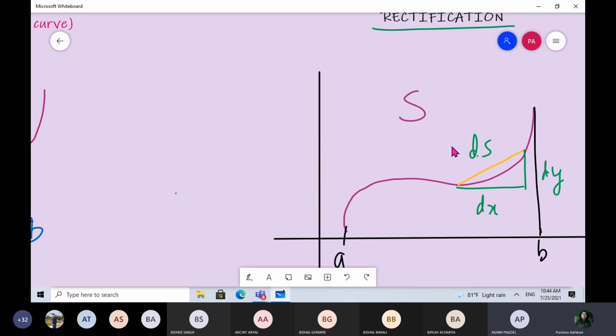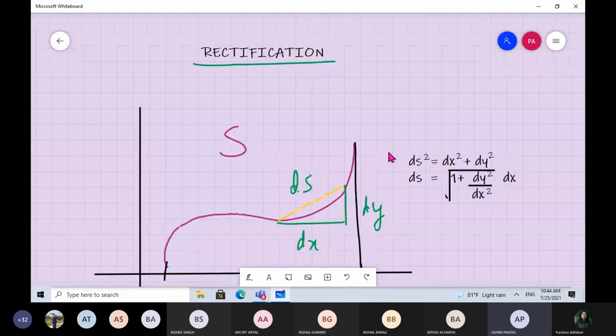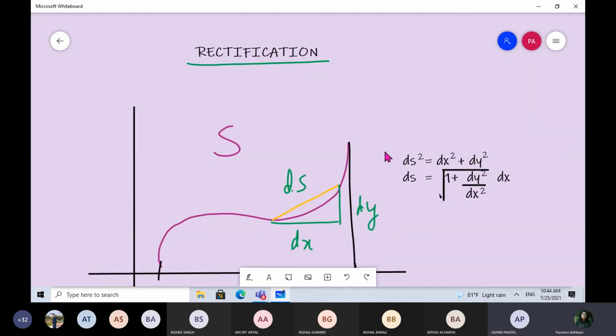You can clearly see, root under dx square plus dy square. Yes, exactly, Pythagoras theorem. When you take ds equals root under dx square plus dy square, let's take dx square common out of this under root. dx square we took common, so you are going to get the 1, root under 1 plus (dy by dx) square, dx. Okay, this is the expression you are going to get for ds.